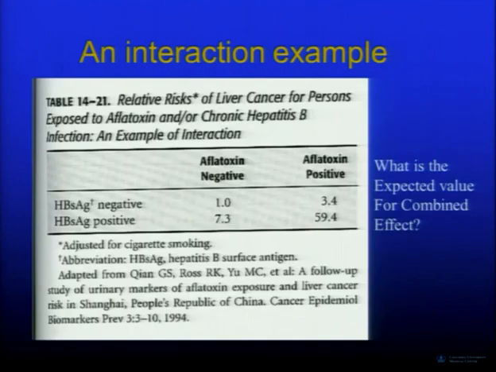So one of the examples that we had for interaction was if you were exposed to hepatitis B infection, so you were either negative or positive for that, and whether you were negative or positive for aflatoxin. So if you were doing this, and I didn't have this number here, what would be the expected value that you would expect to see here instead of the 59.4? How would you calculate that?